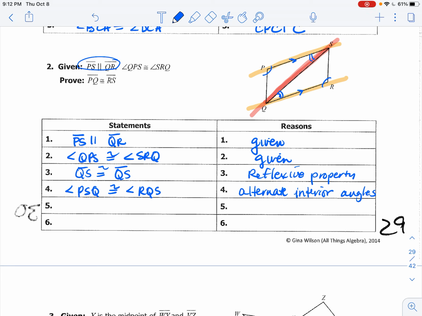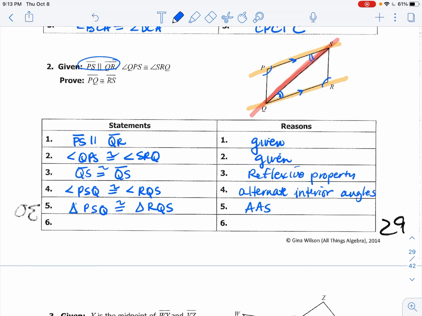Okay, so now let's see. We have on each of these triangles an angle, and a side. The side is not included, so it's an angle, angle, side. We can say that triangle PSQ is congruent to triangle RQS, and that is by side-side angle. Just kidding.